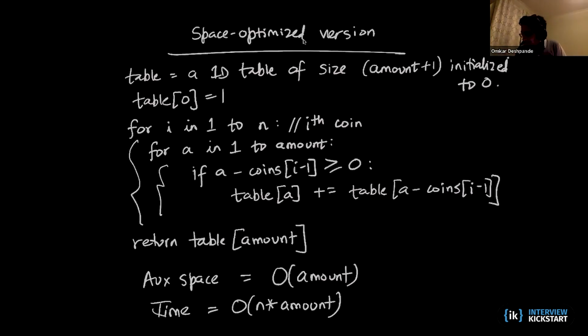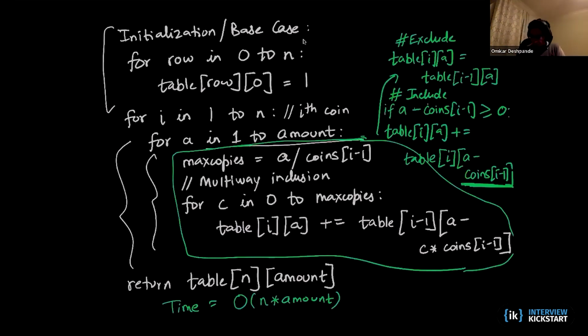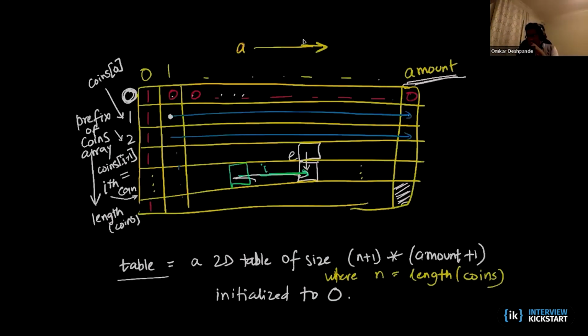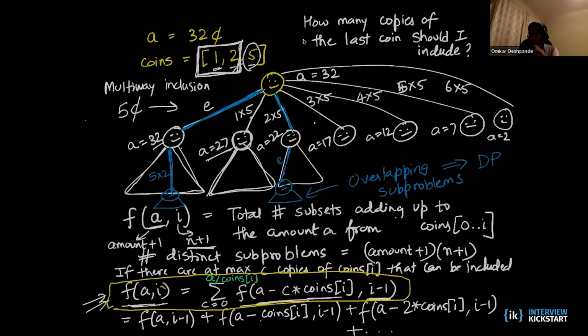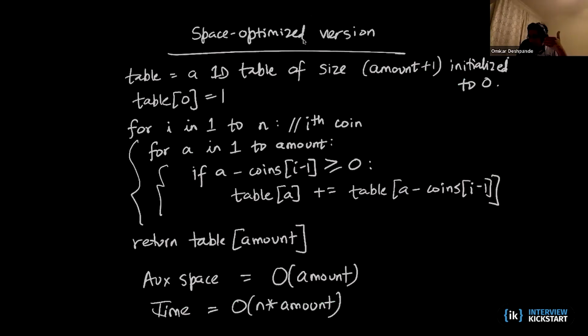So first, let's just work with this recurrence that we wrote and just quickly write the recursive code for it, which is going to be pretty short. It just has to simulate this recurrence, and we'll do the include exclude choice rather than the multi-way inclusion, so that the code is short and sweet.